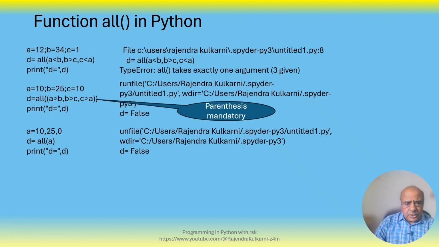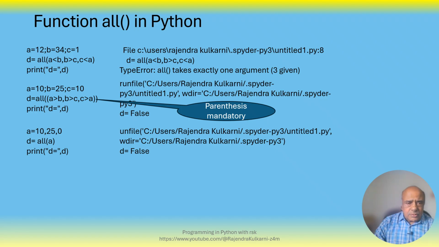Now what we can see here is all the three values of A will be checked, evaluated whether they are true or false separately, even though we are not passing 10, 25 and 0 as three different values, but we are passing a parameter A to function all.